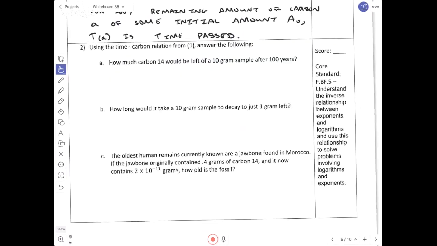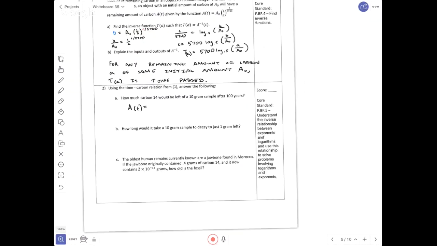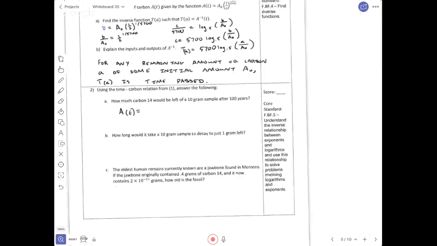So A of T equals the initial amount, 14 grams.